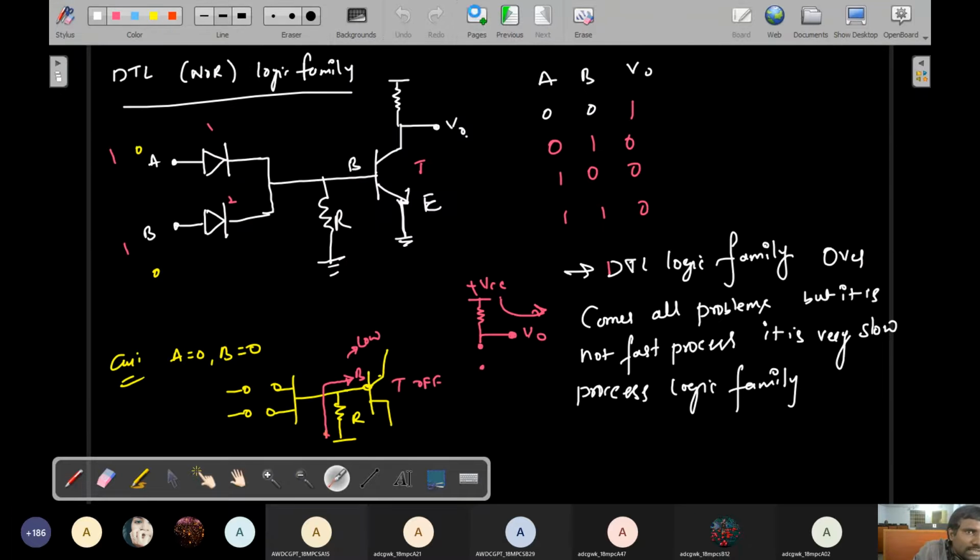So today's class is transistor logic. That is also called TTL logic family.